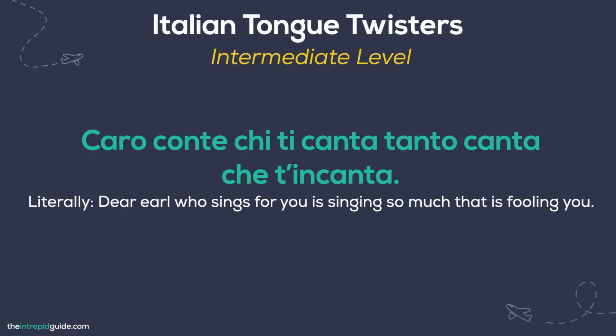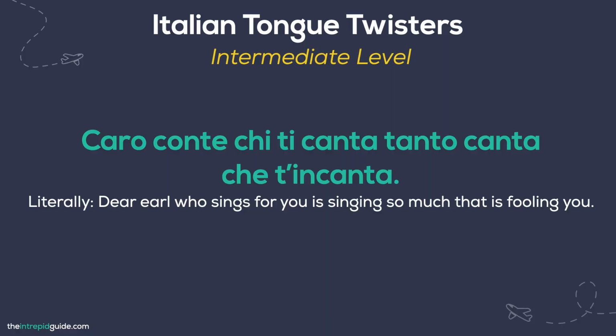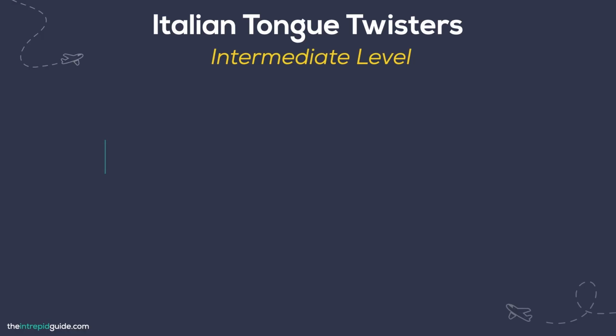This tongue twister challenges you with 6 words starting with C, paired with either A or O. Here, pronounce it as K. But remember, if C is followed by I or E, it's pronounced as ch. Also notice how the relative pronoun chi, meaning who, has a sneaky H after the C, making it a hard K sound.